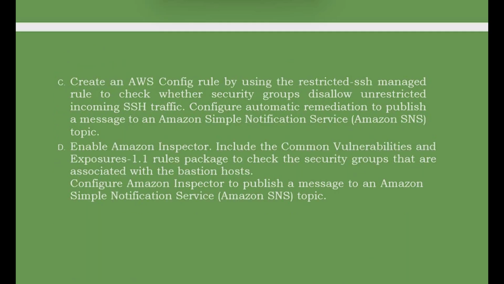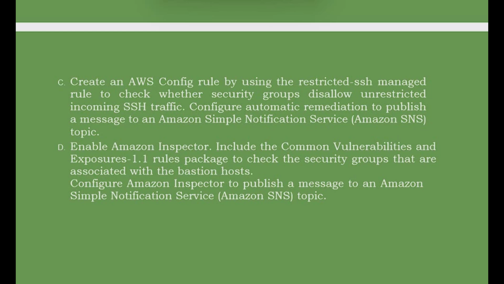Option C. Create an AWS Config rule by using the restricted SSH managed rule to check whether security groups disallow unrestricted incoming SSH traffic. Configure automatic remediation to publish a message to an Amazon Simple Notification Service, Amazon SNS topic. Option D. Enable Amazon Inspector.